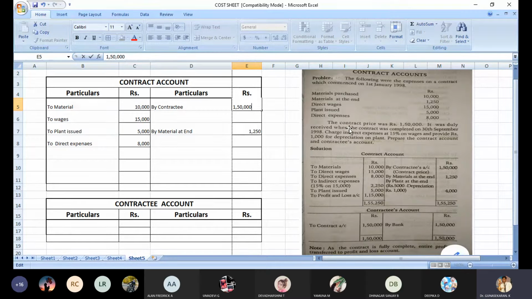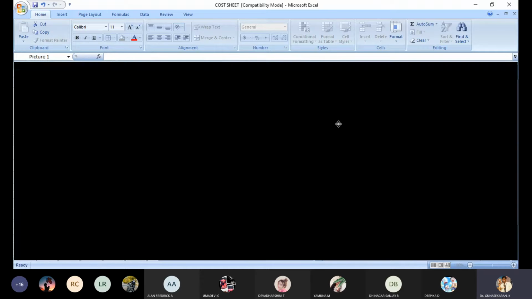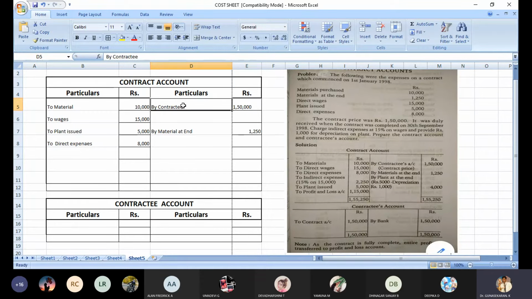Actually, the contract price, the contract agreement amount 1,50,000, that amount is also entered on the credit side in the contract account, because we have to mention 'by contractee', because this amount was given by the contractee.